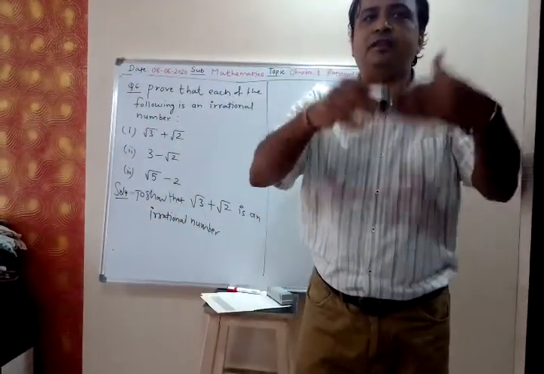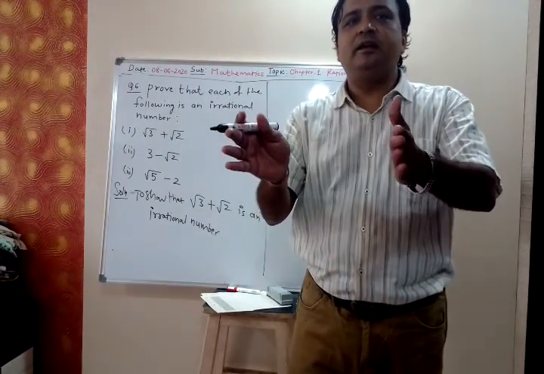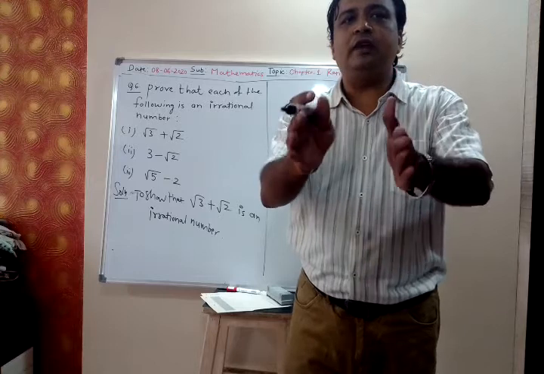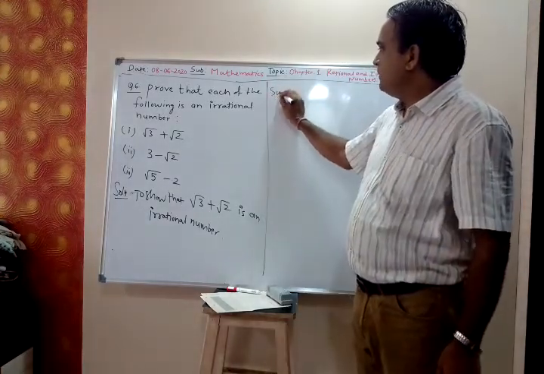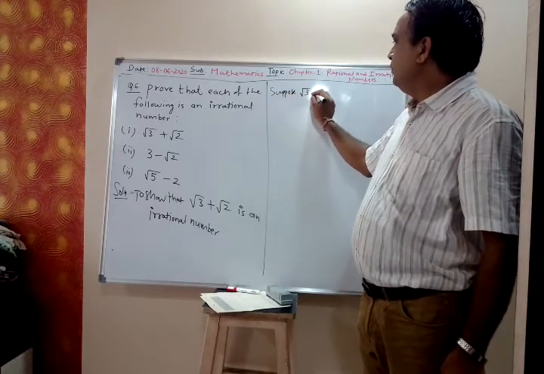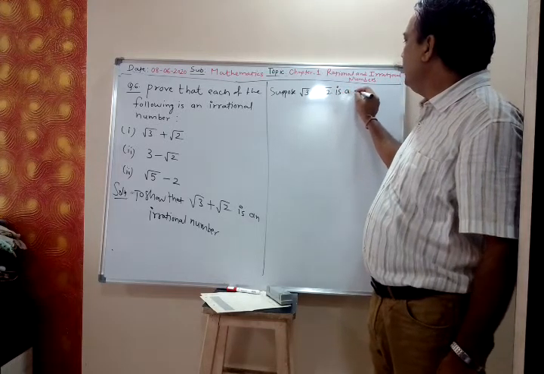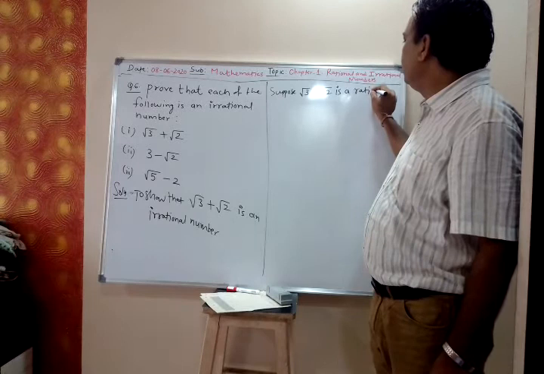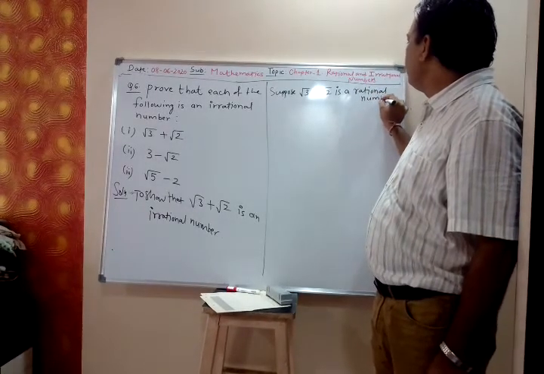So we make a wrong assumption. We want to prove that it is an irrational number, so I will assume that suppose it is a rational number. So suppose root 3 plus root 2 is a rational number.